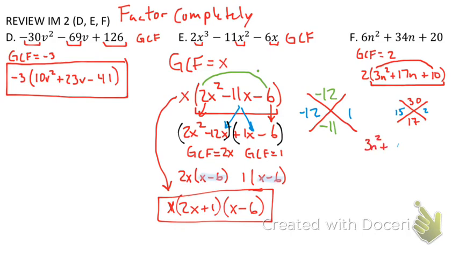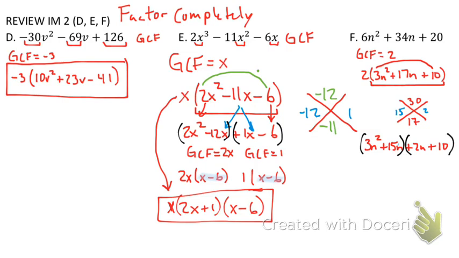So it looks like this. 3n squared plus 15n plus 2n plus 10, and then we're going to factor by grouping. So pair those up.